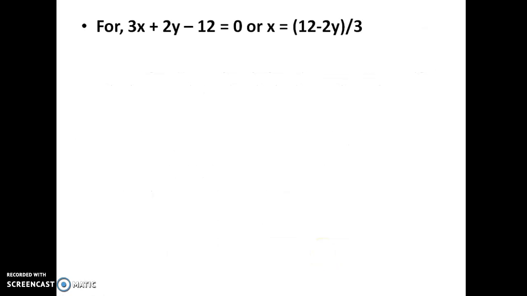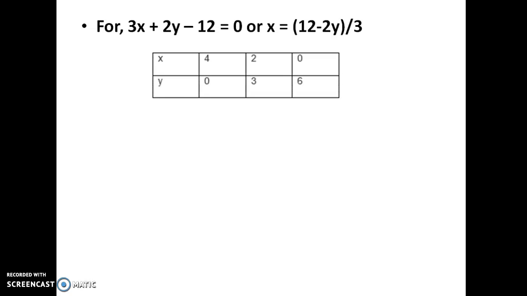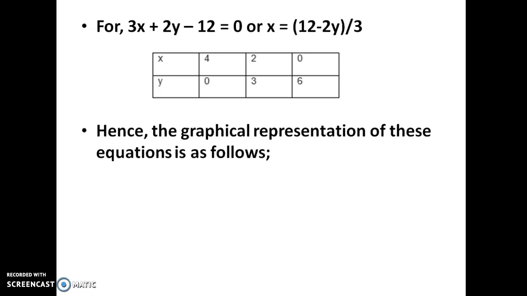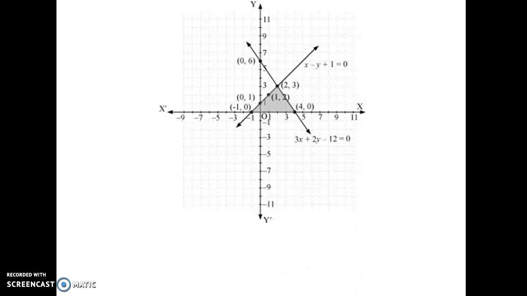Then the next equation, 3x plus 2y minus 12 equal to 0. For this, x is equal to 12 minus 2y whole divided by 3. For this, the solution table is 4, 0; 2, 3; and 0, 6. Then we have to plot these coordinates on the graph.